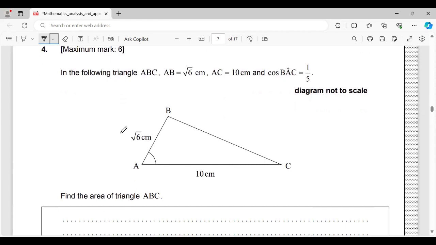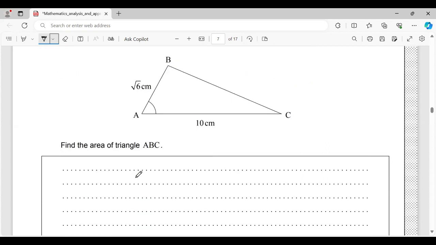And 4. In the following triangle ABC, AB equals square root 6 centimeters, AC equals 10 centimeters, and cosine BAC equals 1/5. Find the area of the triangle.